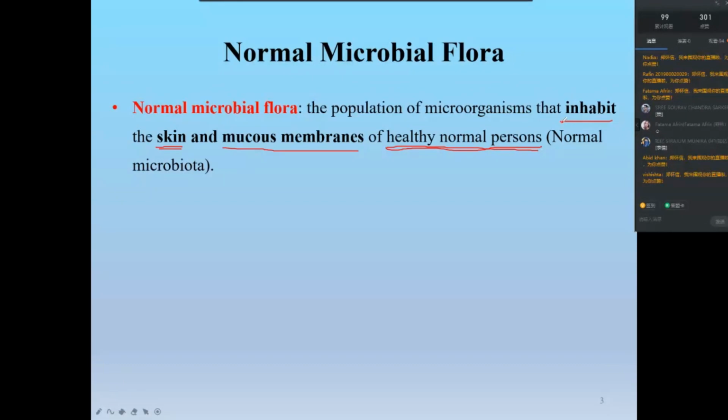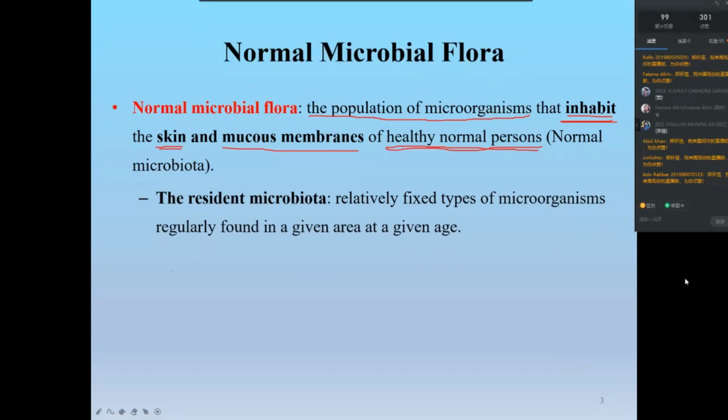The flora of a person in the age group of 50 is different from that of a 2-year-old kid. So this is the resident microbiota. The property of this group is that it's fixed types. So this microflora is stable at this tissue, at this age.